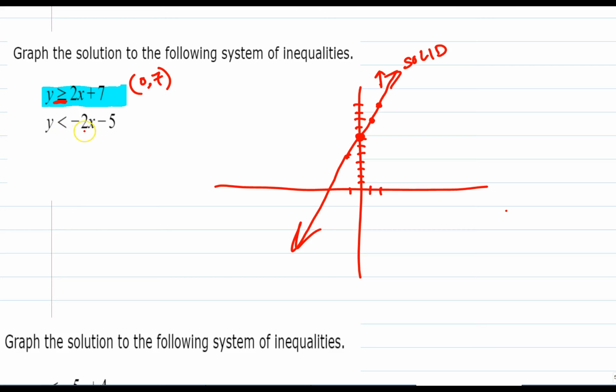How do you do y is less than negative 2x minus 5? What's the point we start at? I like that. 1, 2, 3, 4, 5. And what's the slope? Right 1. If I want another one, down 2, right 1. If I want to go backwards, up 2, left 1.